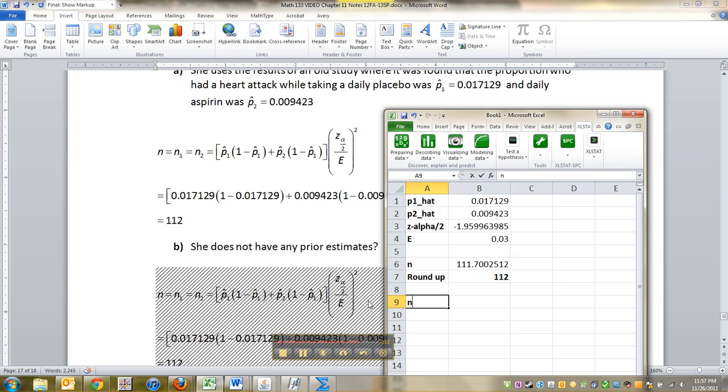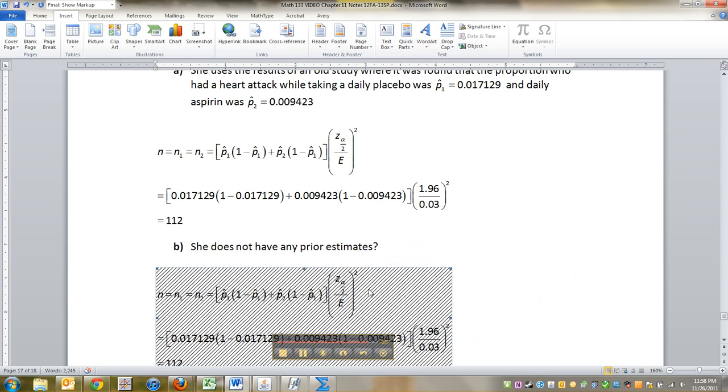So the new n would be equal to 0.5 times parentheses z divided by the error 0.03, not 3, squared. And we would round up to 2135. No matter how small that is, you round it up or you won't have the error you were looking for. So 2135 is our answer.